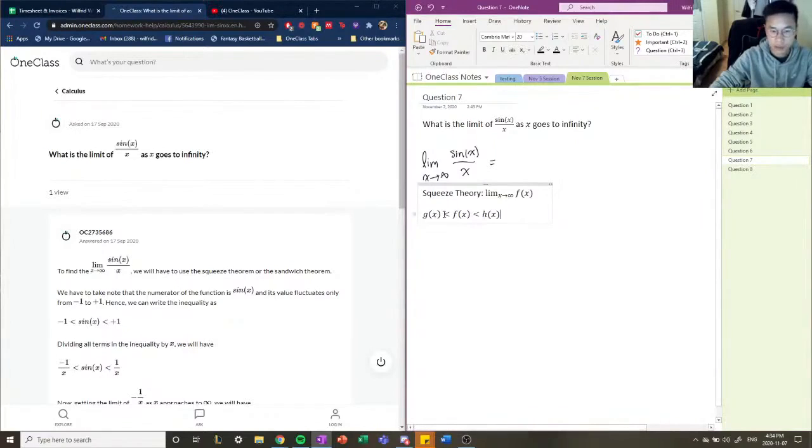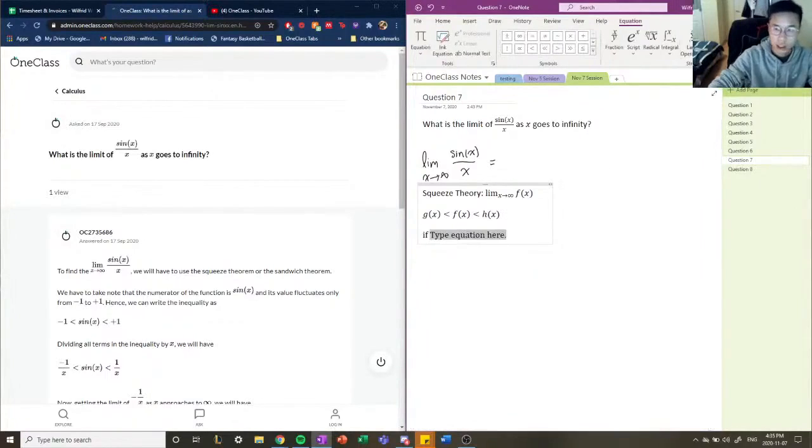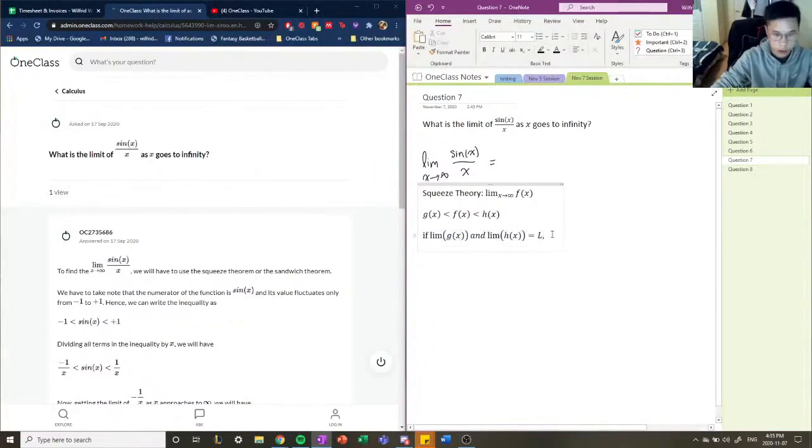But if you do find them, where the output of g of x is always less than the output of f of x, and the output of h of x is always greater than the output of f of x, the squeeze theorem suggests that if the limit of g of x and the limit of h of x equal the same limit, then the limit of f of x equals that limit.